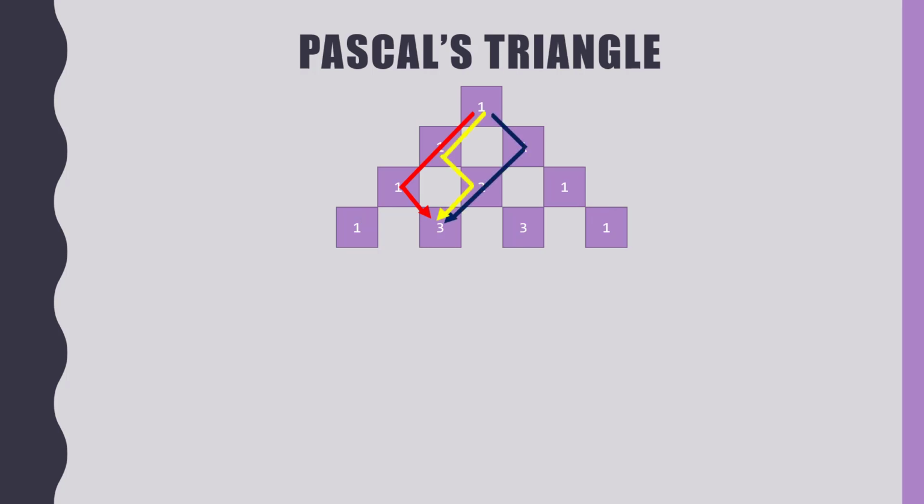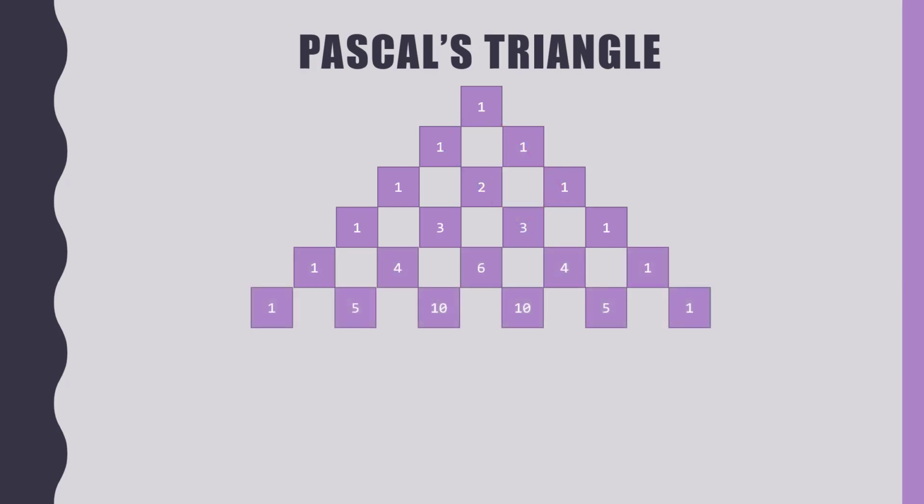And there's a third path right there. That's the only way to get to that 3. Make sense? Now, you'll see that this is symmetric, and that exact same set of 3 paths is also over here to the other 3. Okay?